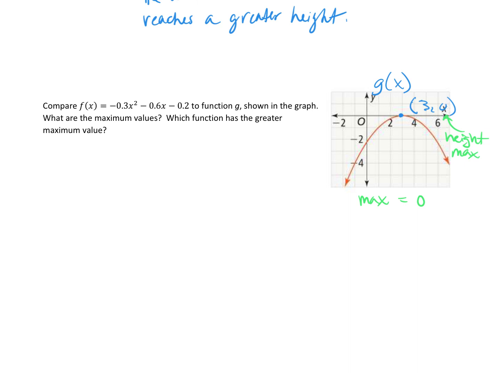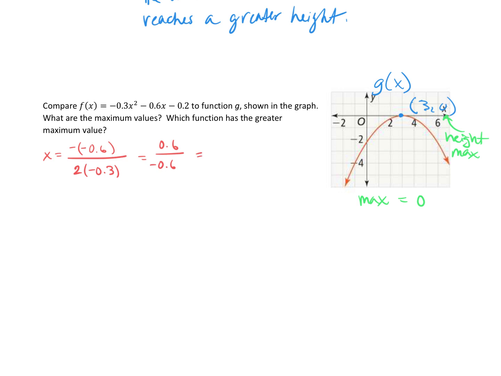So if we can find the vertex of f of x, then we can find the maximum height and compare. To find the vertex, we do our negative b over 2a because we are in standard form. So x equals negative, parentheses, our b is a negative 0.6, so there's that negative I talked about before, over 2 times a negative 0.3. That negative 0.6 turns to a positive 0.6. 2 times negative 0.3 is a negative 0.6.